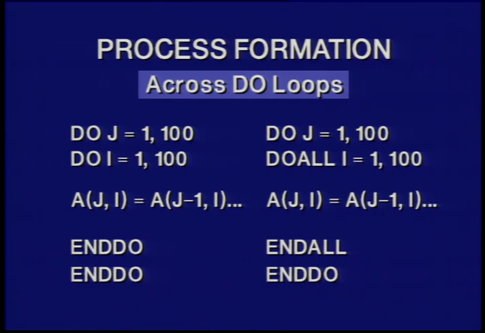So I can't execute the iterations of the j loop independently. And this is one of the most important constructs to look for. And as we'll see a little later in one of the charts, what we will want to do is reform this code so that we have more parallelism within the loop.